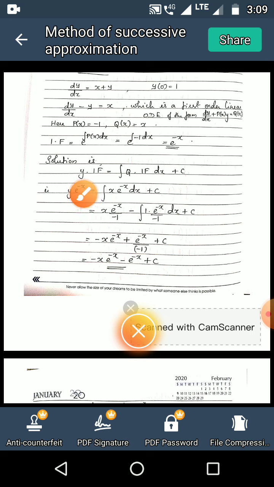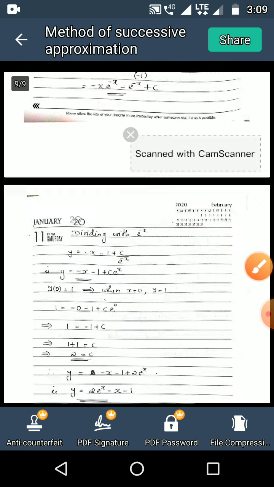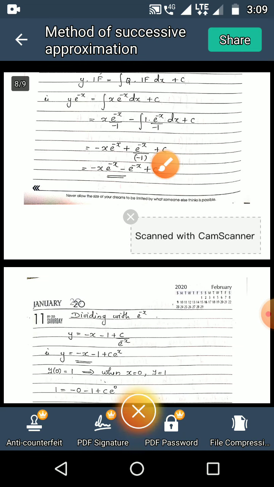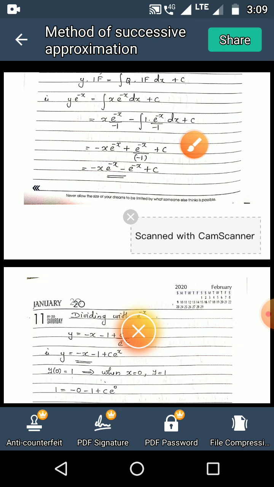So the integrating factor is e raised to minus x. So y e raised to minus x is integral x e raised to minus x dx plus c. Here we are applying integration by parts: first into integral of second minus integral of derivative of first into integral of second. Here we are again integrating and find out like this. Next we are dividing by e raised to minus x. E raised to minus x is common here.